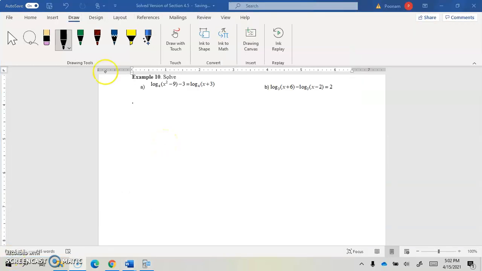Example number 10. Now there are some log terms and there is some constant term which is 3. The first step would be to bring all the log terms on one side. Log of x squared minus 9, the base is 4, minus log of x plus 3, the base is 4. I'm going to take 3 to the other side. When you add 3 on both sides, it will become positive.